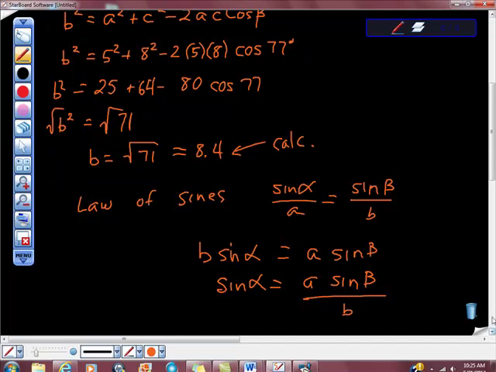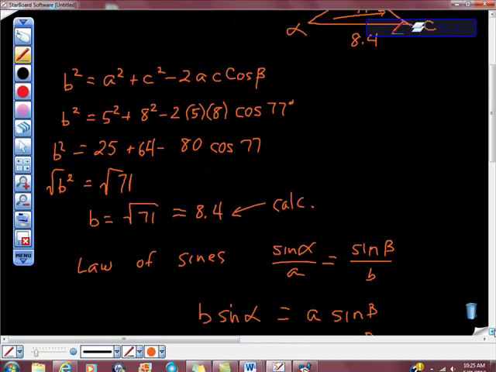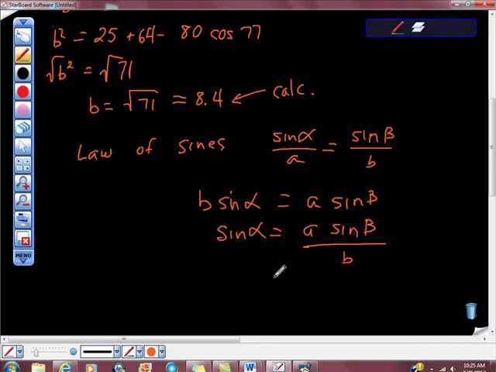We know that a is 5, because here's alpha, so straight out in front of us is that 5. So I fill in the blanks: 5 times sine of 77 degrees over b, and b is the square root of 71, and that's equal to sine of alpha.